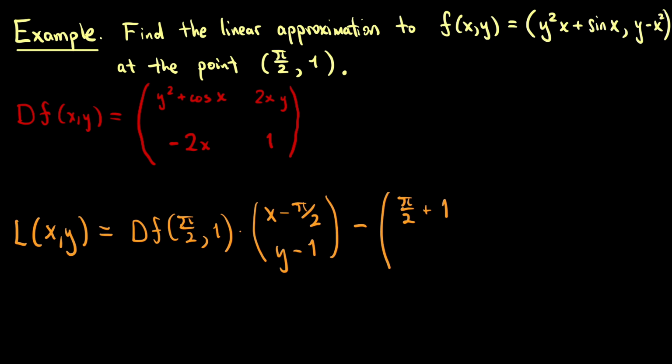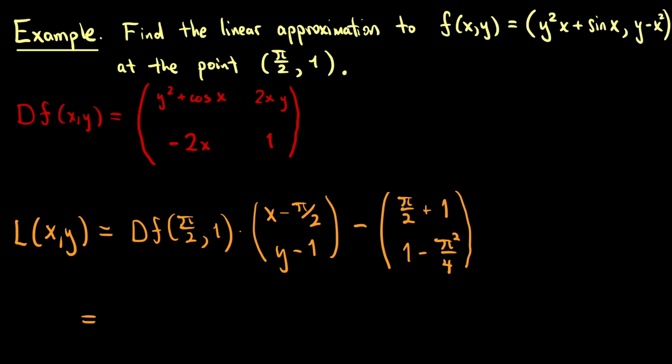And for the second entry, I get 1 minus pi squared over 4. Okay, so now let's write this in a nicer way. Let's plug in this point into this matrix, so I can have something more explicit.